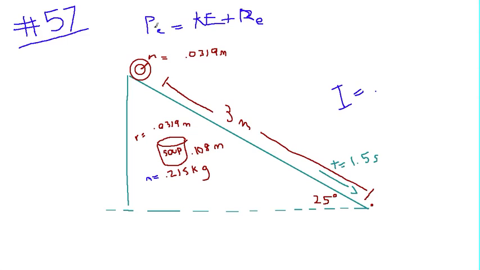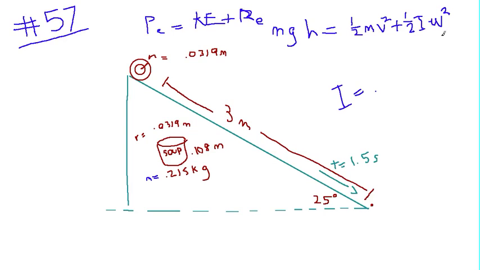So mgh is going to be equal to 1/2 mv squared plus 1/2 I omega squared.